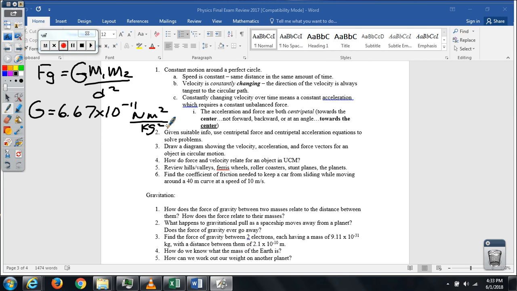So I will let you guys do number 3, but the 2 electrons have these masses, so you would plug them in once for M1 and another time for M2, which is the same value, and then this is the distance between the 2 electrons, which you plug in here and square, and you will be surprised how small that is.